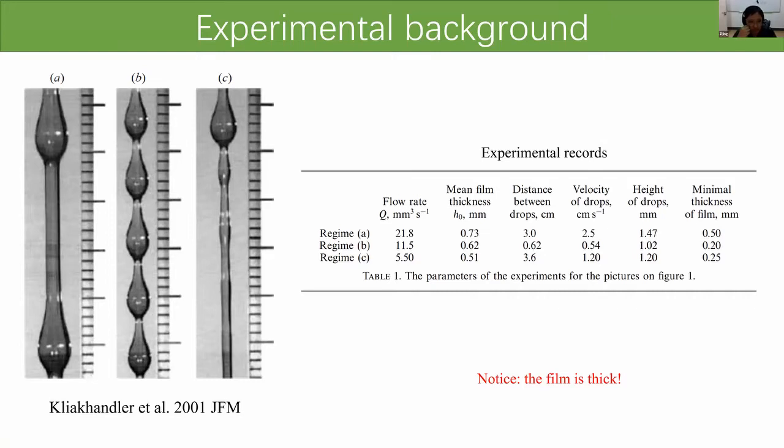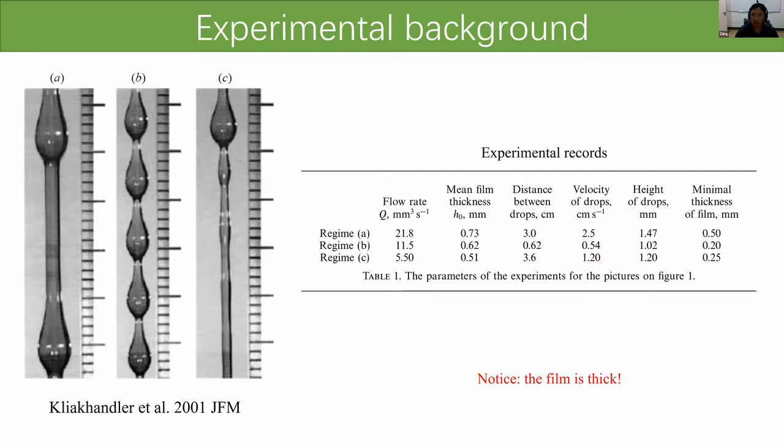A large droplet will catch up with and consume the front small beads, while in the back region of the large droplet, new tiny beads will be born because of the Plateau-Rayleigh mechanism.